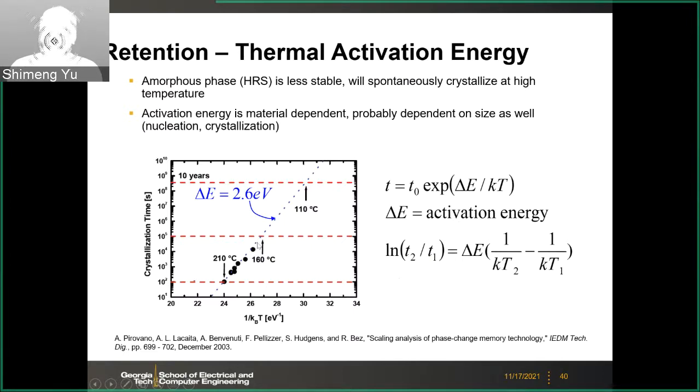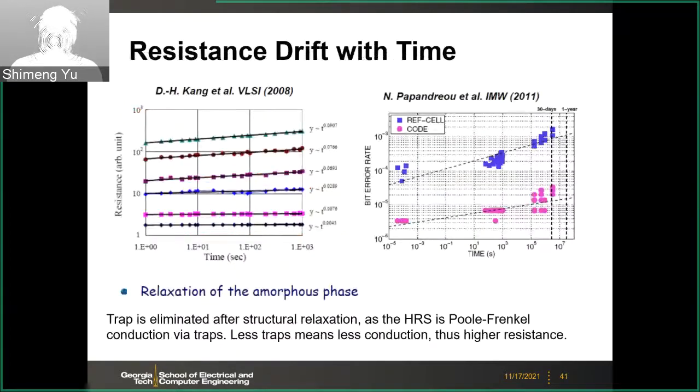So here, you can do the extrapolation based on this 1 over kT plot. So this is the amorphous state becoming the crystalline state. And then resistance drifts with time. So this is due to the relaxation of the amorphous phase.